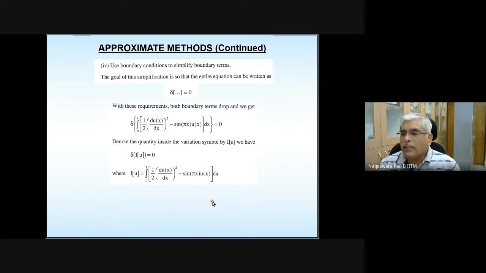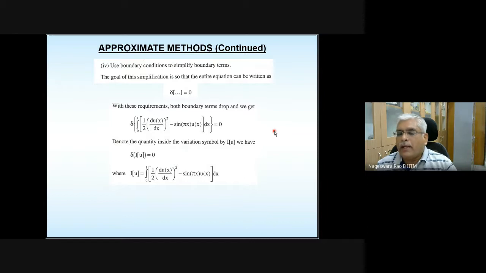So now this process is required. For any problem, you need to follow the same procedure and try to bring it into this form: variation of some function inside the bracket is equal to 0. You need to bring the given boundary value problem into that form. From there we are going to start with a trial solution.